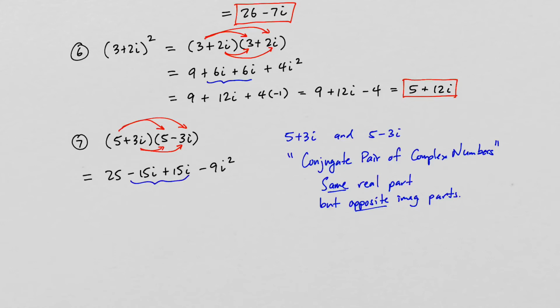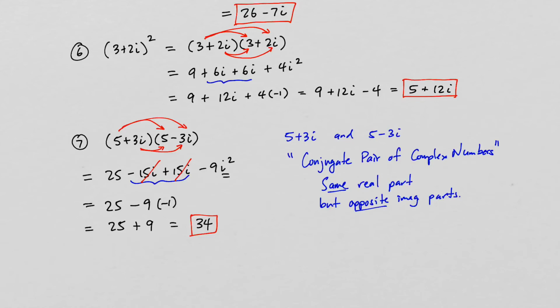So one thing you should notice is that when we go to simplify this, these two middle numbers, negative 15i and positive 15i, are going to cancel out. Also, you know that i squared is negative 1. So this becomes 25 minus 9 times negative 1. And that simplifies to 25 plus 9. And 25 plus 9 is 34.